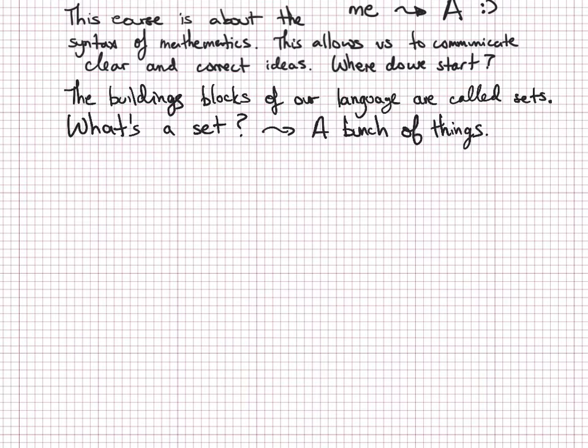Let me tell you some examples of sets before we try to give a definition of a set. This will also give me some notation that I'll try to use throughout the course. So here's some examples of sets. We have N, which is the natural numbers.